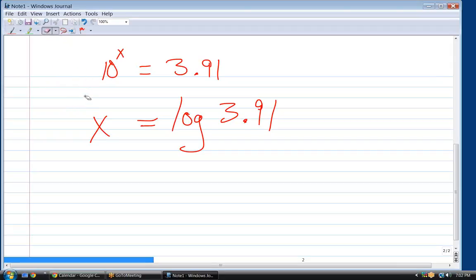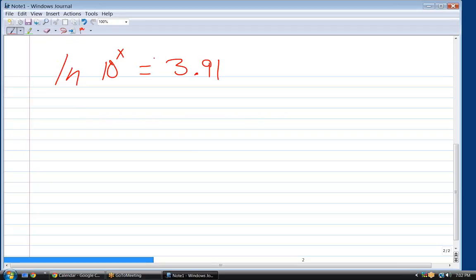Now, let's say I wanted to take the natural log of both sides. Okay, now I can take x, bring it down on the equation line, and I get this.